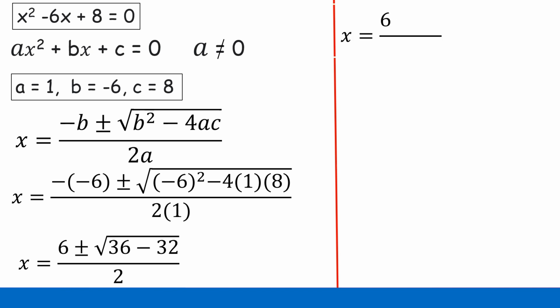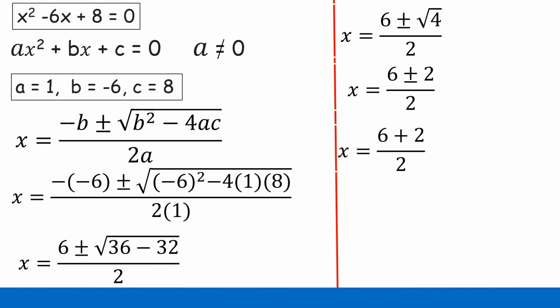Now, when we simplify this further, we have 6 plus or minus square root of 4 all over 2. So that means x is equal to 6 plus or minus 2 all over 2, which tells us we have two possible answers: x is 6 plus 2 over 2, or x is 6 minus 2 over 2. If x is 6 plus 2 over 2, we have x to be 8 over 2.